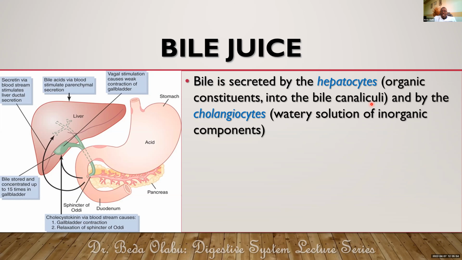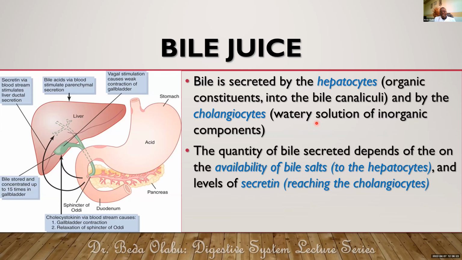As the bile canaliculi join to form the bile ductules and bile ducts, the bile ductules are lined by cholangiocytes. The cholangiocytes produce a watery solution. That watery solution contains the inorganic components of bile juice. So two cell types produce bile, hepatocytes and cholangiocytes.